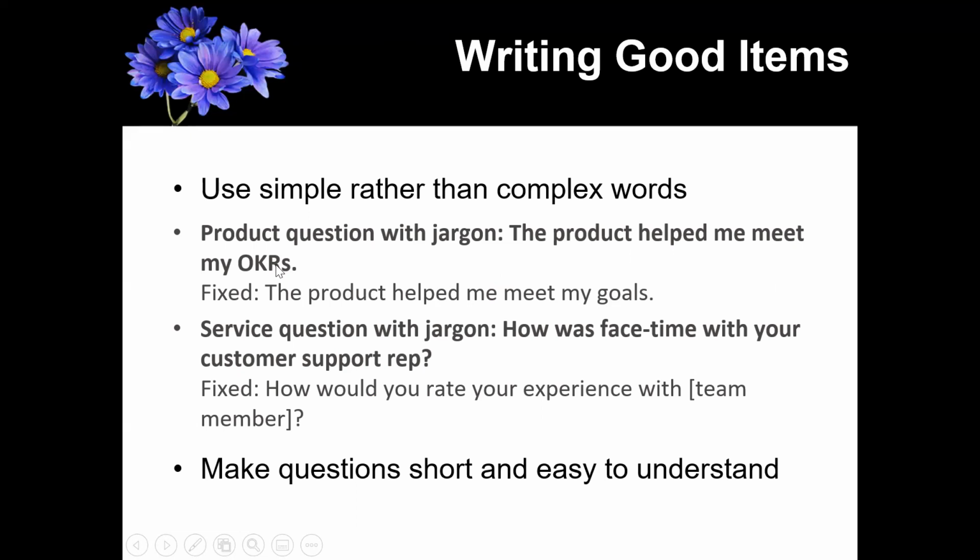Another possibility is maybe they misunderstand it. They think OKRs is not what it actually is, and they give you kind of a wrong answer, so to speak. So obviously we want to keep with simple phrasing and not overcomplicate things, and make sure that people can understand what you're asking. So in other words, just make questions short and easy to understand.